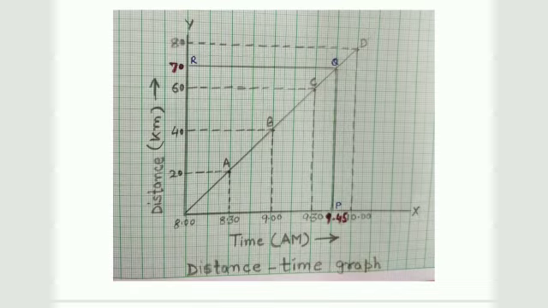It is clear that this motion is uniform motion. Then at 9:45, we draw a line from P to Q, and from Q to the distance axis, we again join this time with distance, and we saw that QR, the distance covered, is 70 kilometers.